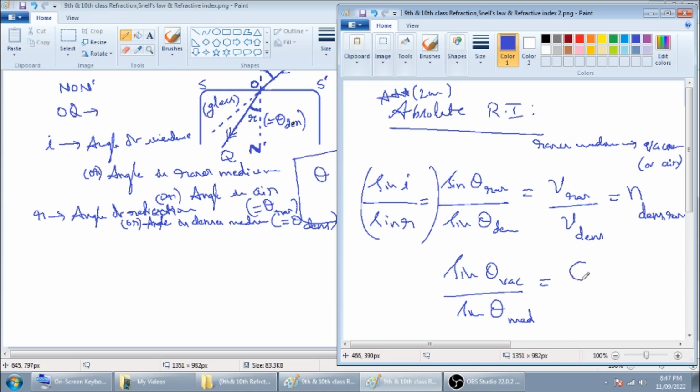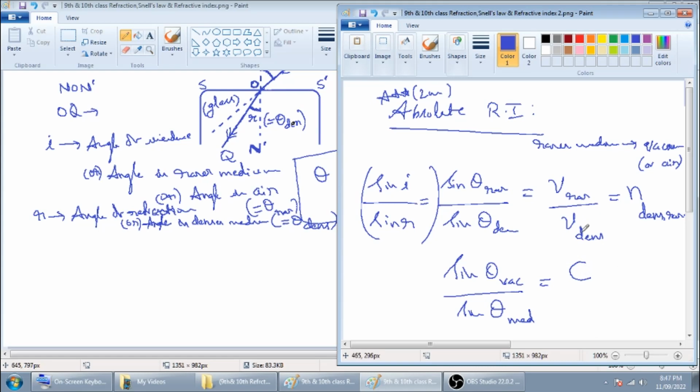Now the velocity of light in vacuum is always a fixed value, roughly 3 × 10⁸ meters per second. Exactly speaking it is 2.999 with many recurring digits, an infinite number of digits, so with any accuracy it can be determined. Because it's difficult to state whether it is 2.99 or 2.999, it's written roughly as 3 × 10⁸ meters per second.